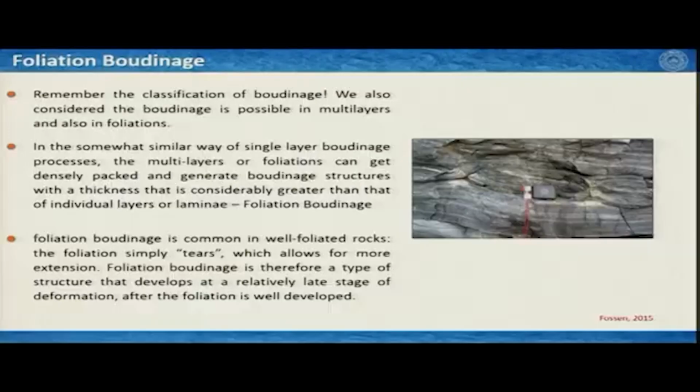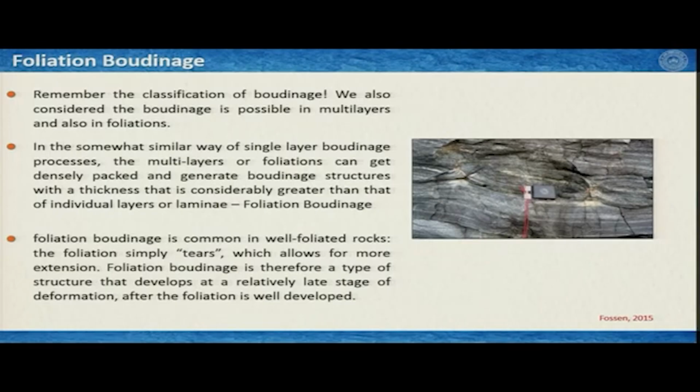Let us move to the next topic, which is the foliation Boudinage. Now, we have learned about it. If you remember the classification, we also considered that the Boudinage is possible in multilayers and also in foliations.